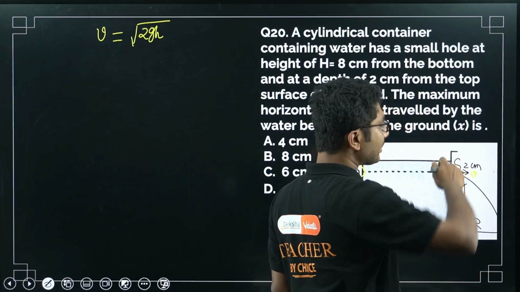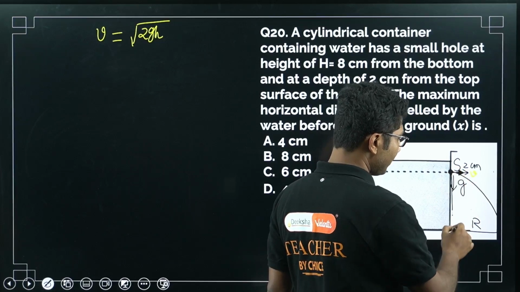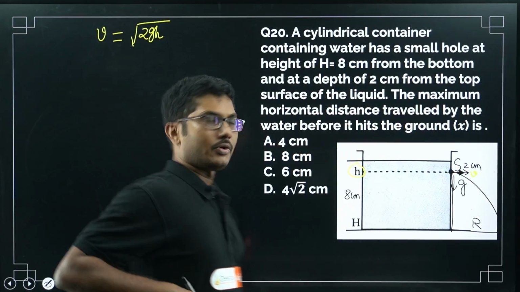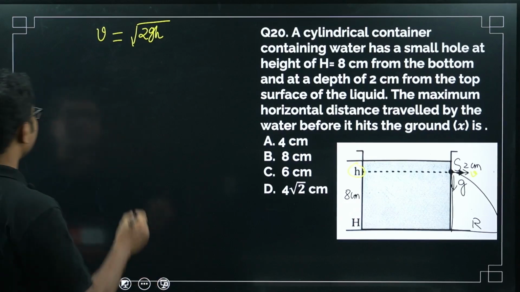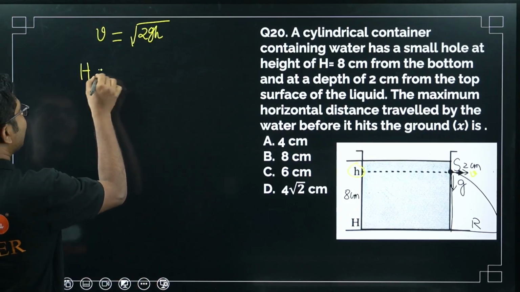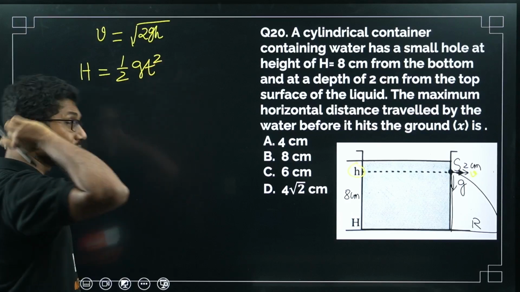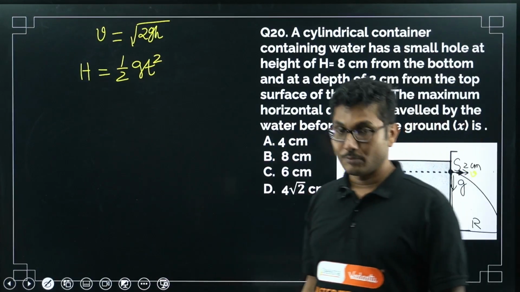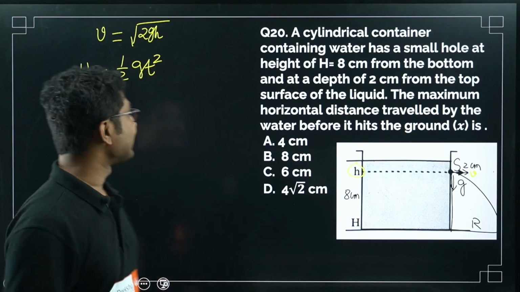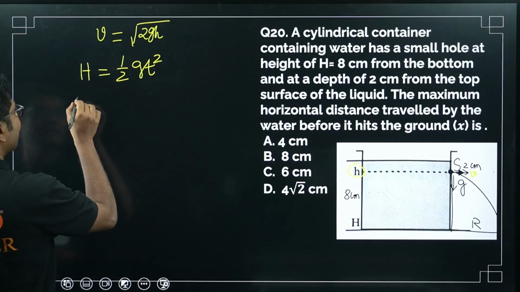If you just drop this water from this height, how much time will it take to reach from here to here? We know that this is nothing but half g t square. You remember this formula? We applied it for projectile motion. Here the height is given already, so we just need to find the time.